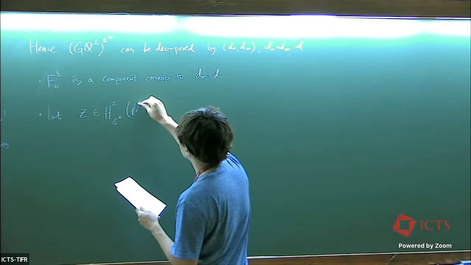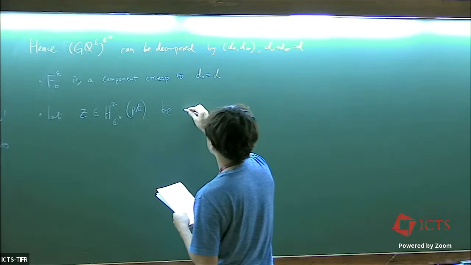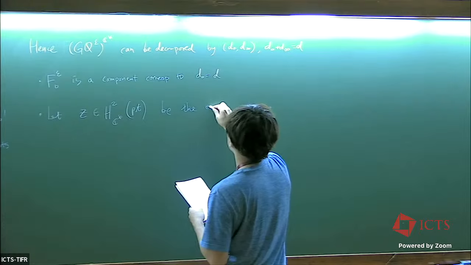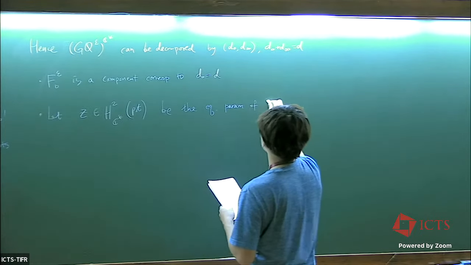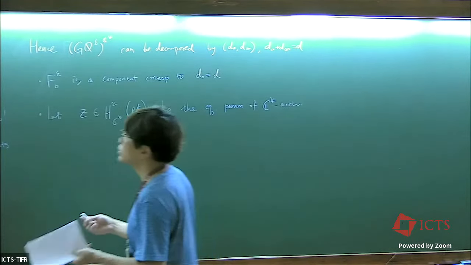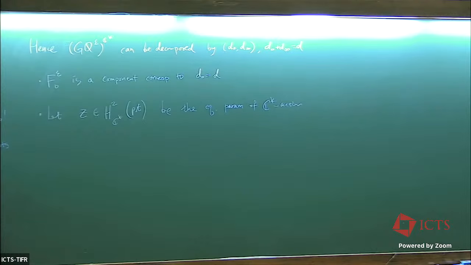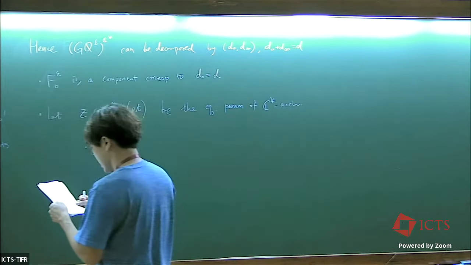This is the equivariant cohomology of the C star action. We have two C star actions, one is this and one is this, but this is with respect to this action. And then now we define the J function.